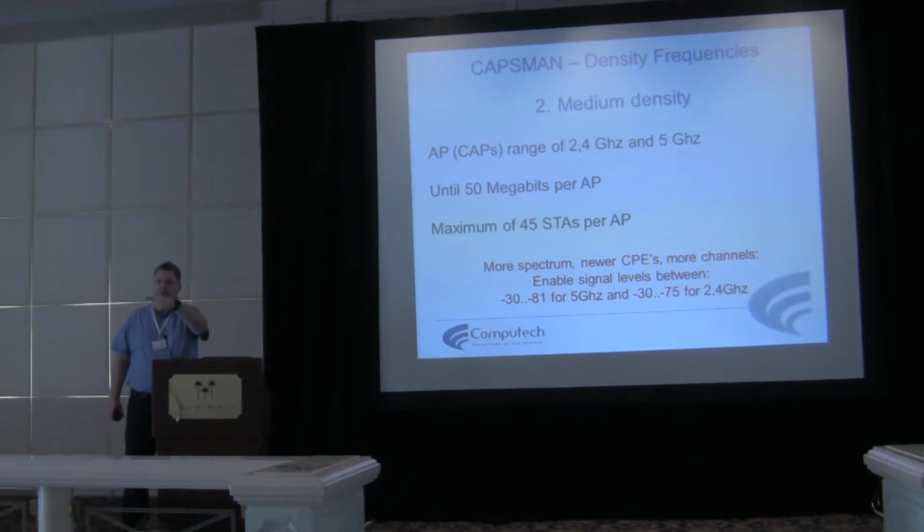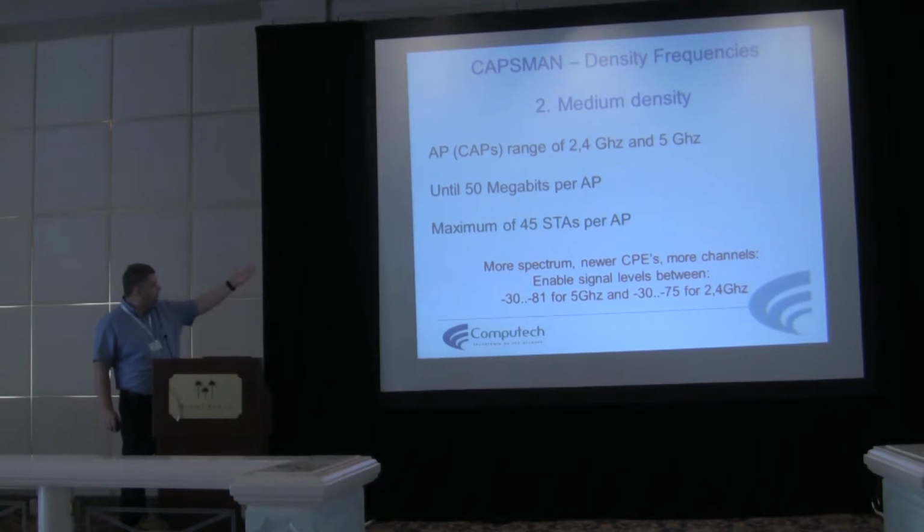Most CPE drivers have the capacity, when I have two networks, one in 2.4 and one in 5 gigahertz, to connect in 5 gigahertz. So the 2.4 range stays a little more free, up to 15 megabits per AP. So we have more than 2 times the old low density capacity, and we can triple the stations per AP number.